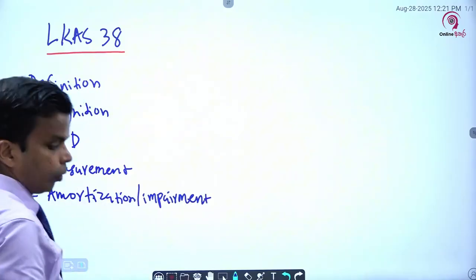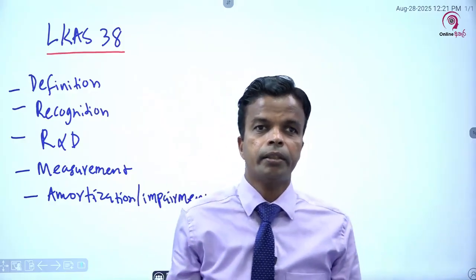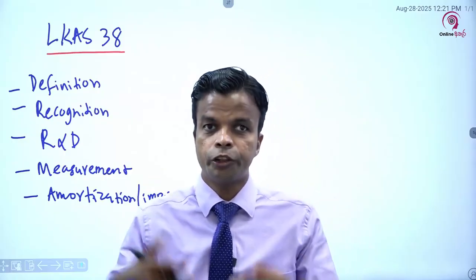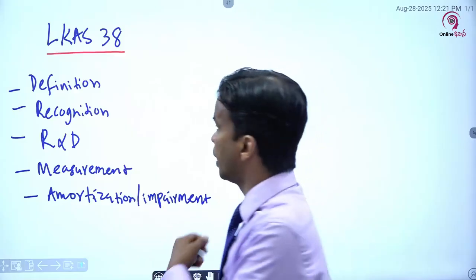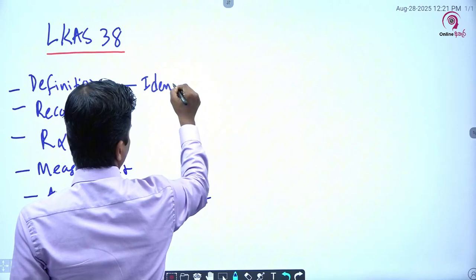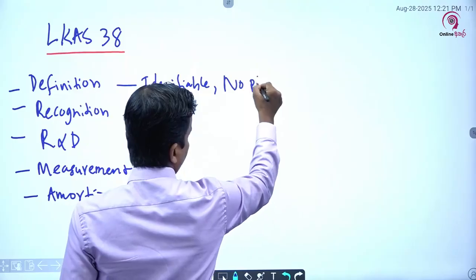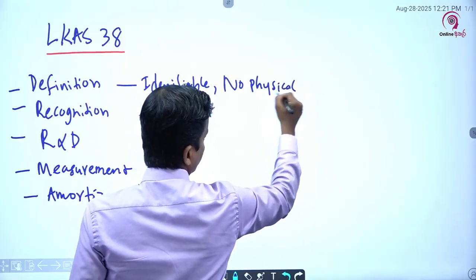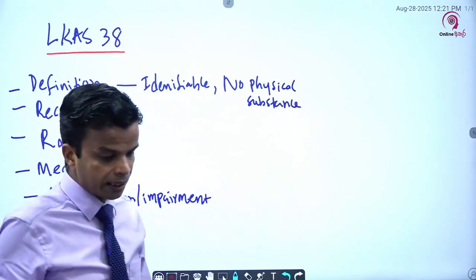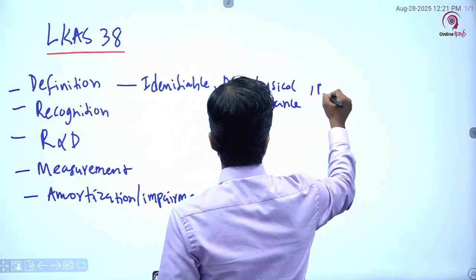Okay, definitions. Intangible assets, not like PP&E. PP&E are tangible assets. By nature, intangible assets you can't see, but you should be able to identify them. Identifiable, no physical substance, and of course, a non-monetary asset.